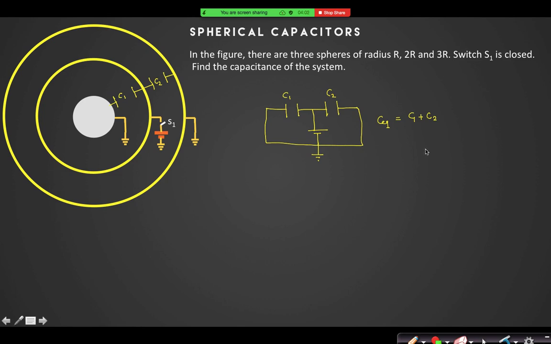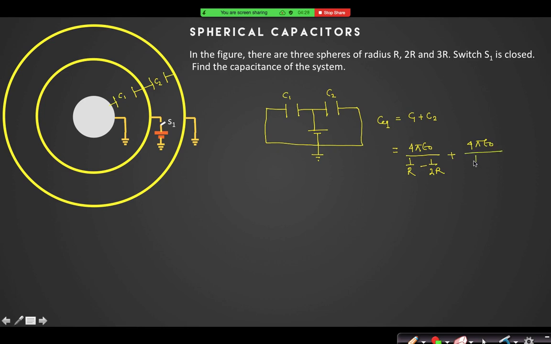And what is C1 plus C2? C1 is 4 pi epsilon naught into AB by (A plus B), or divided by 1 by A minus 1 by B, and that is equal to 4 pi epsilon naught.